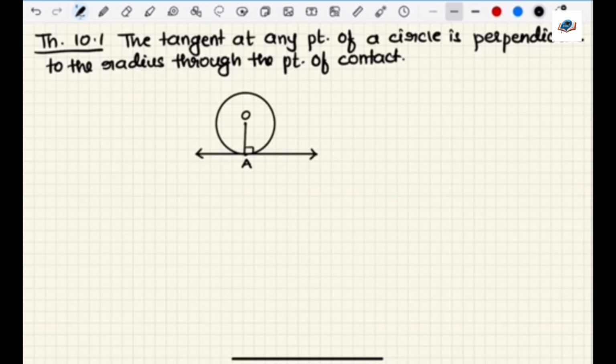So this is what the theorem says. Now this theorem proof is not generally asked as it is a theoretical proof, but let us understand that also.